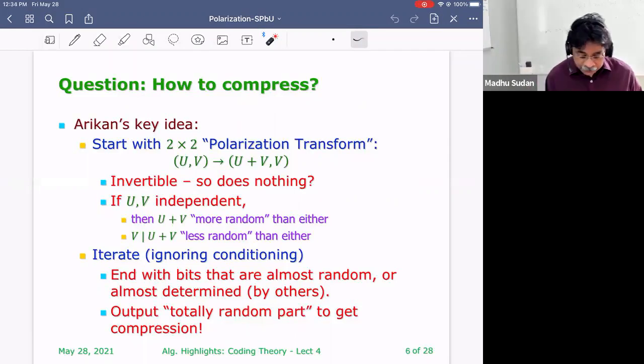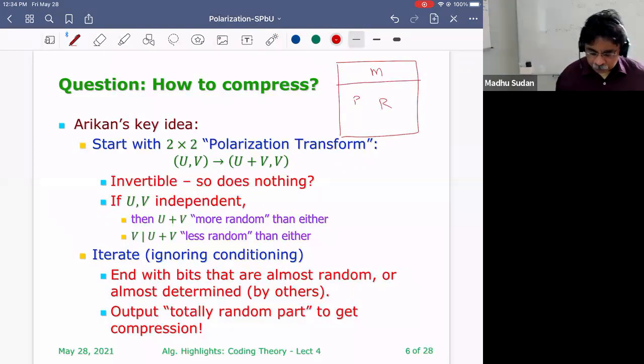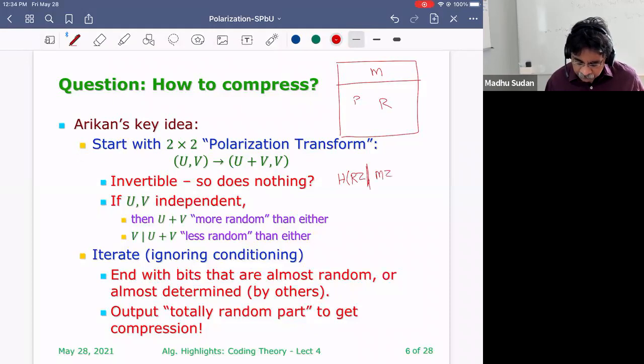So in order to build this matrix M, what we told you was it suffices to build an invertible matrix called P, which has the following property: when I look at the top part of P as M, and the bottom part as R, then the entropy of RZ conditioned on MZ is very close to 0. This is what we want to build.